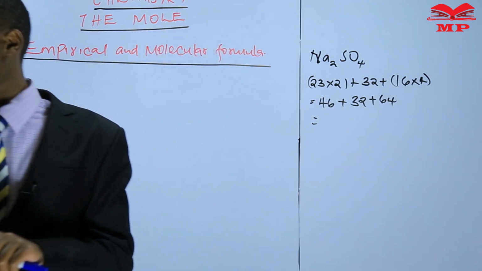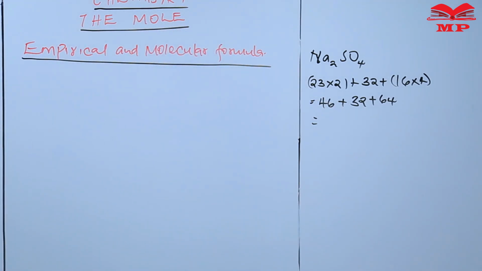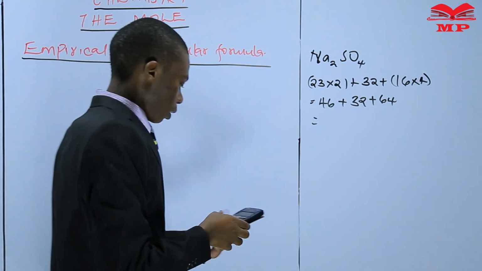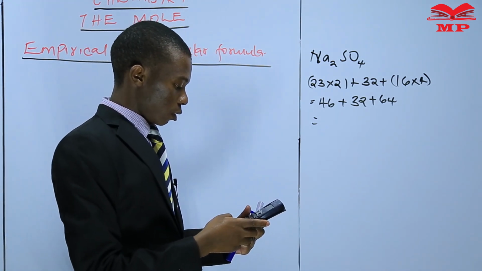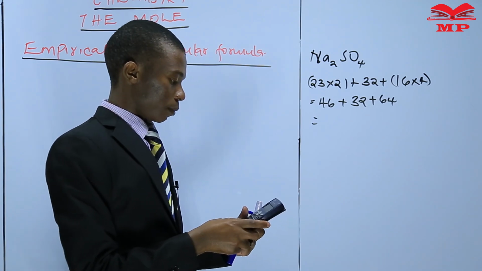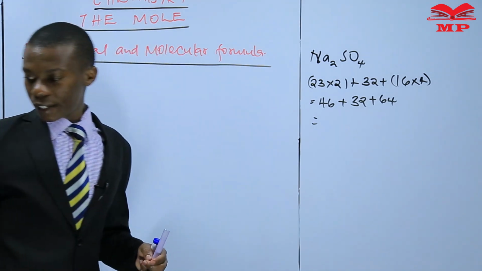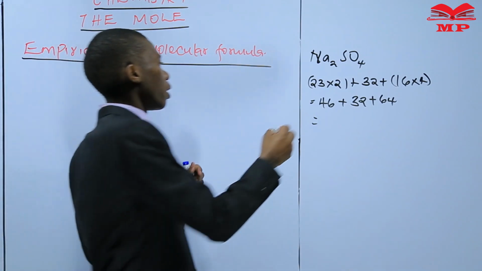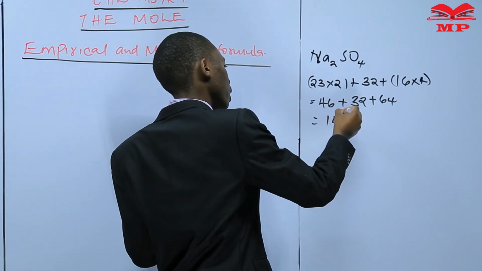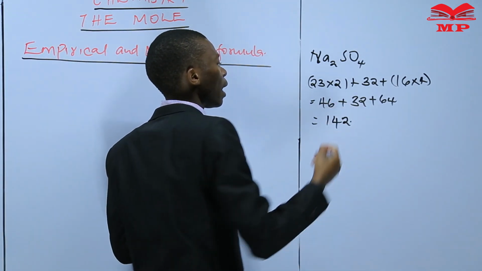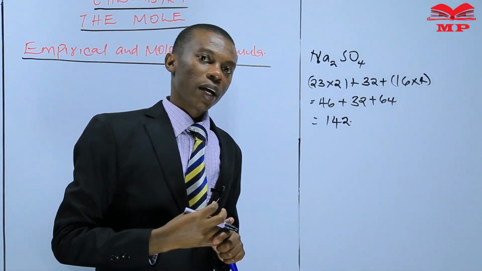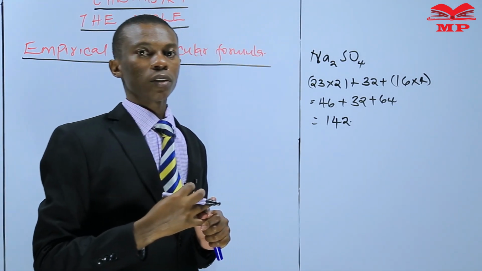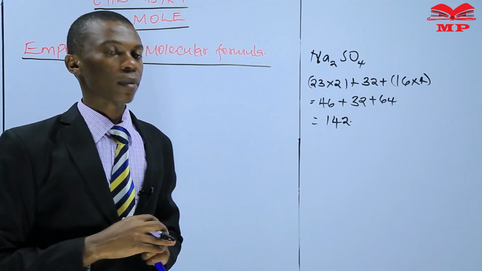Therefore, this is 46, you add 32, then you add 64. That is 46 plus 32 plus 64, which gives you 142. Therefore, the RFM of sodium sulfate, which is the relative formula mass of sodium sulfate, is 142.